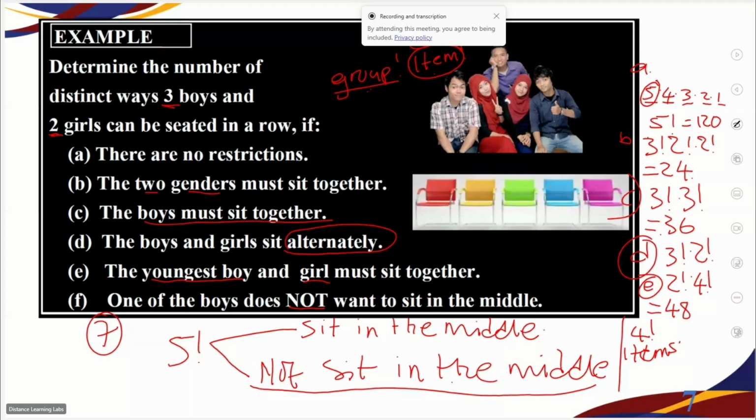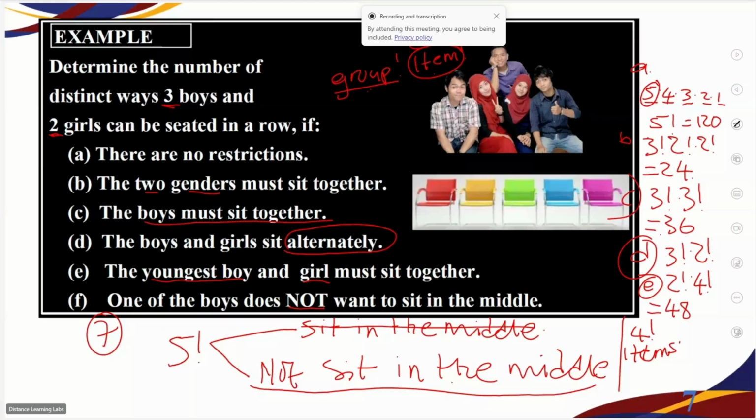Meaning, in the 5 factorial that we have, we are going to subtract this part where the boy sits in the middle, because there are 2 possibilities. Either the boy sits in the middle or the boy does not sit in the middle. So in the 5 factorial ways, which is 120 ways, we are only going to subtract the chances of the boy sitting in the middle. Then we'll be left with where the boy does not sit in the middle.